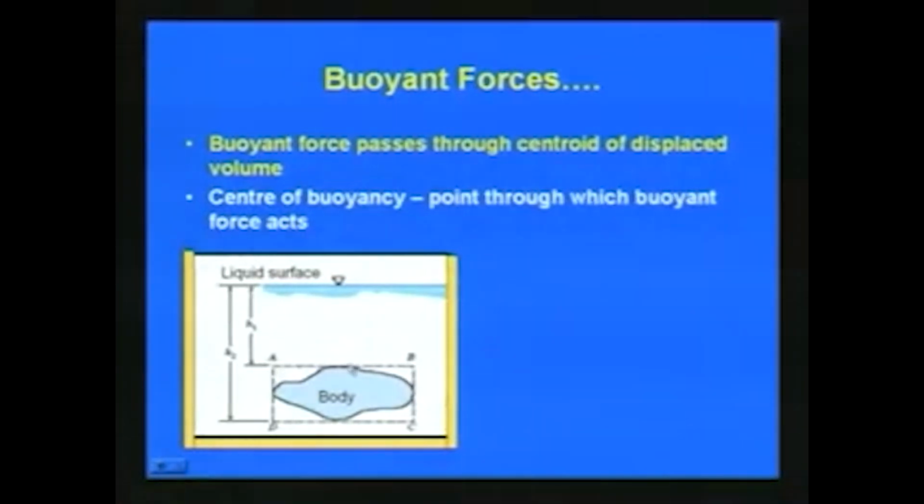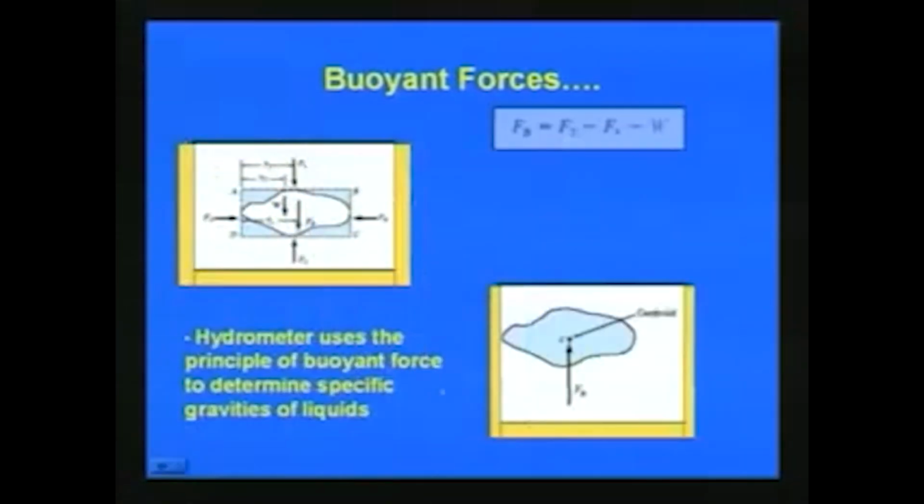Here you can see the body is already wholly submerged. With respect to that, we see how much liquid is displaced, then determine the buoyant force, and then the center of buoyancy.